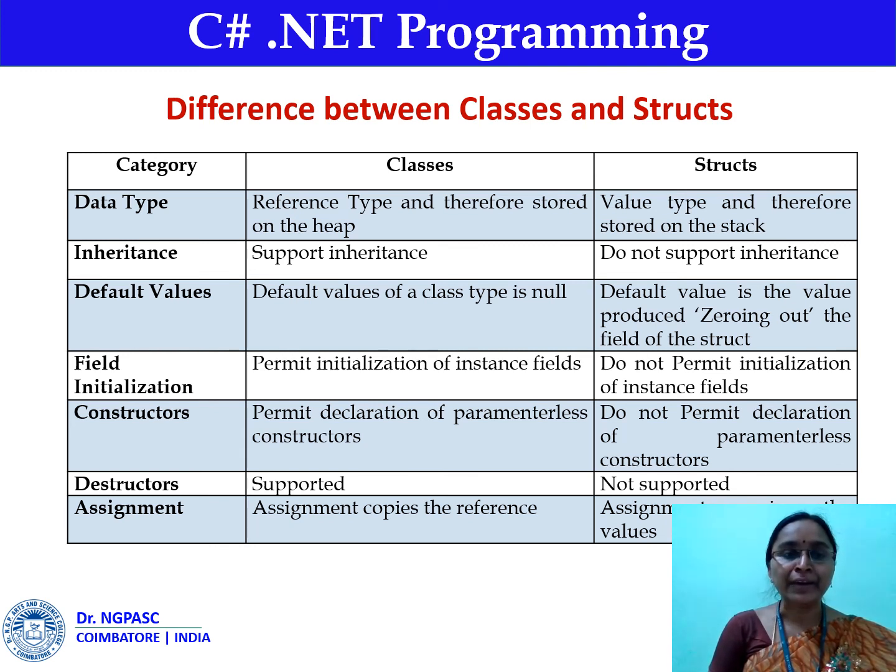In field initialization, the class permits the initialization of instance fields, but the structure does not permit the initialization of instance fields. For the constructor, the class permits the declaration of a parameterless constructor, but the structure does not permit the declaration of a parameterless constructor. Likewise, a destructor is supported by the class, but the destructor is not supported by structures.